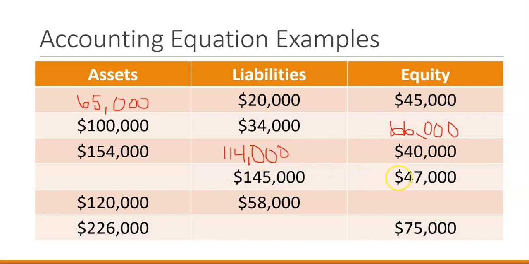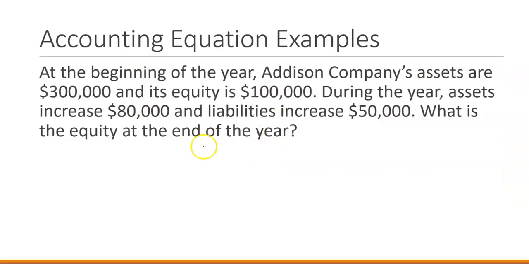If we have liabilities and equity and we add them together, we get that liabilities plus equity equals 192 in assets. Okay, and then so forth throughout the example.